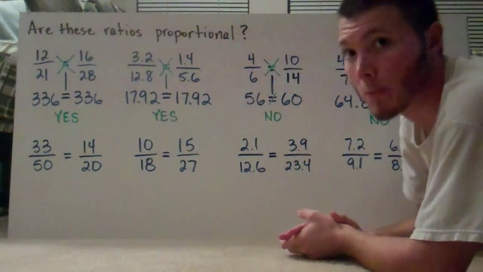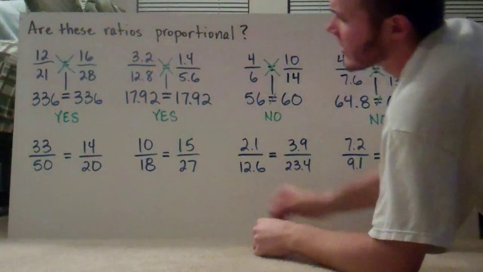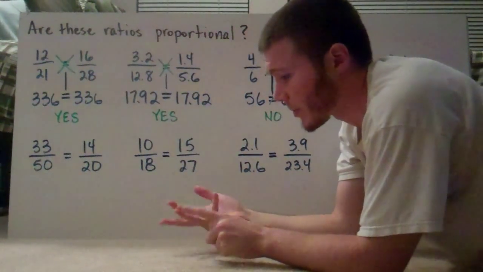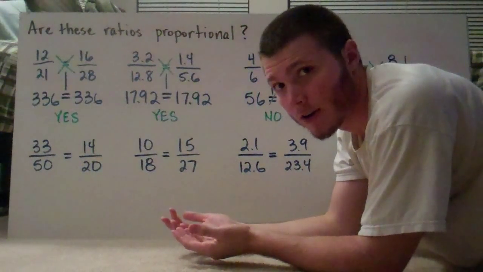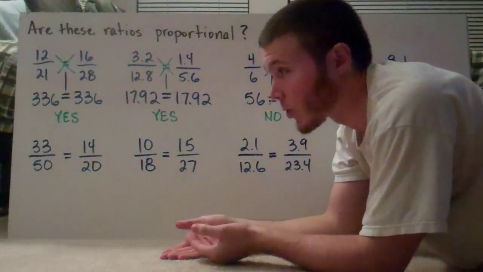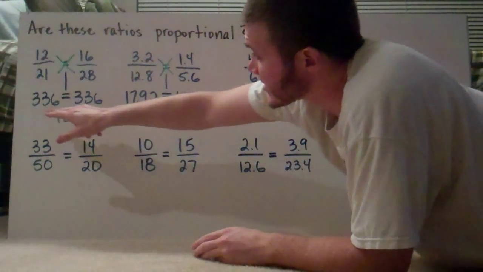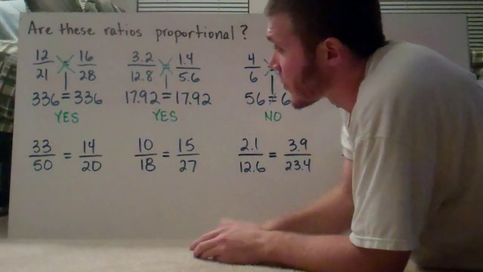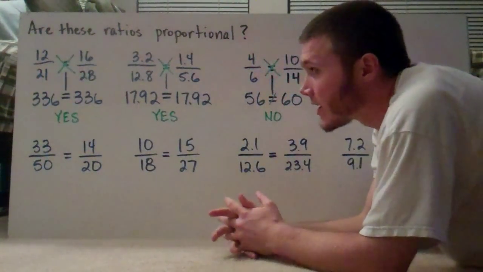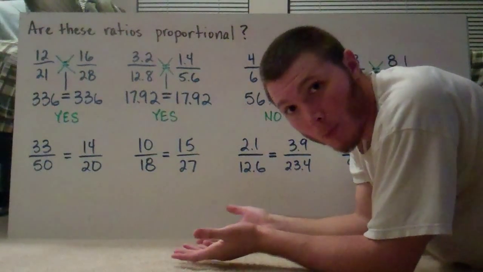Are these ratios proportional? Well, look, we can't go from 21 to 28 or 12 to 16 by multiplying or dividing by a whole number. So in this case, we want to cross multiply. And when we cross multiply 12 and 28 and 16 and 21, if we get the exact same value, it turns out that those two ratios are proportional.